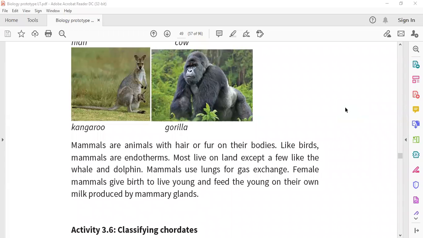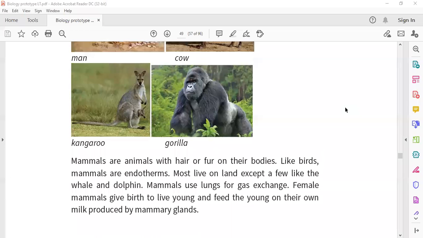Like birds, mammals are endotherms. Most live on land except a few like the whale and dolphin. Mammals use lungs for gas exchange. Female mammals give birth to live young ones and feed the young on their own milk produced from the mammary glands.